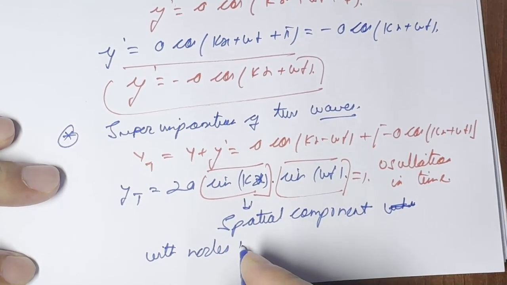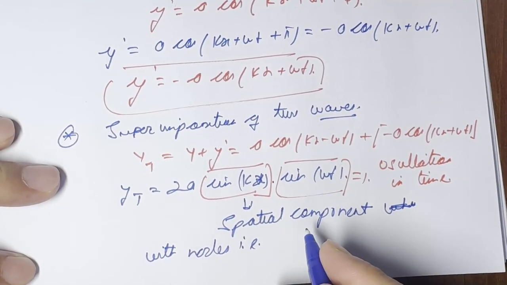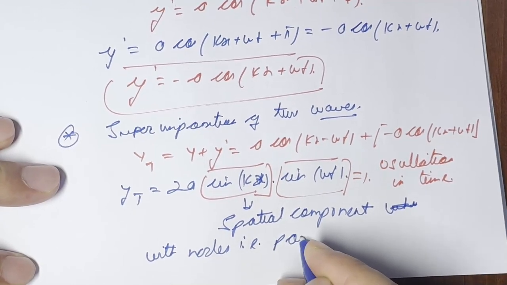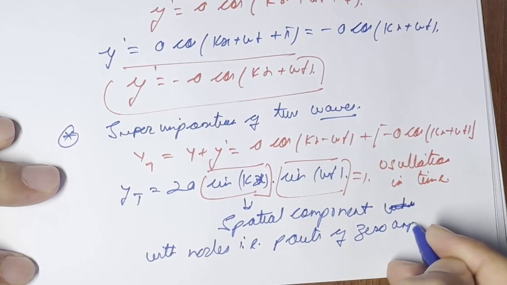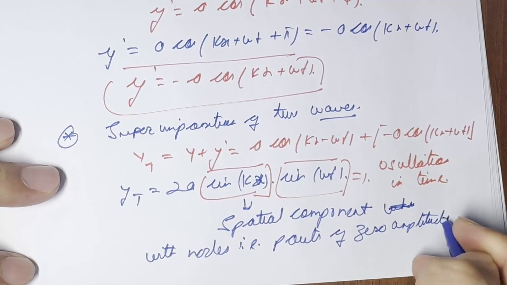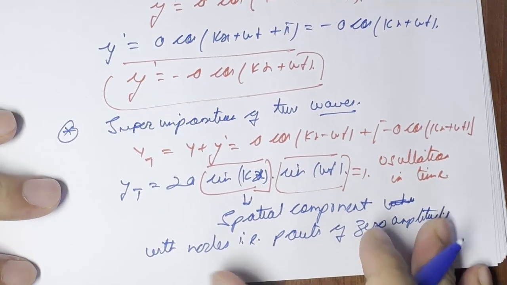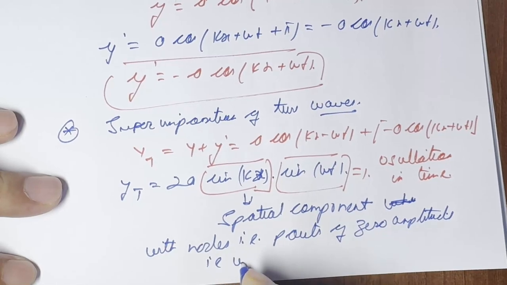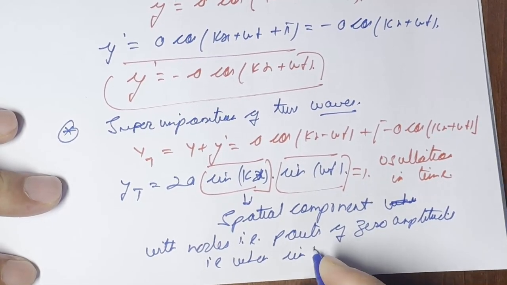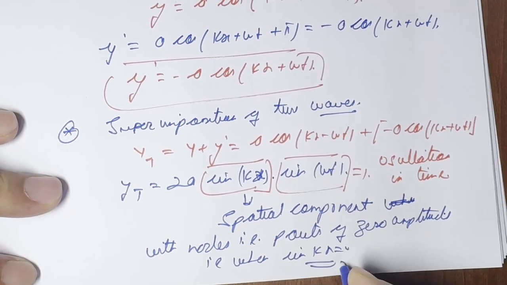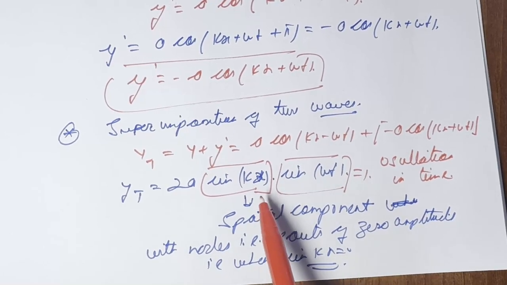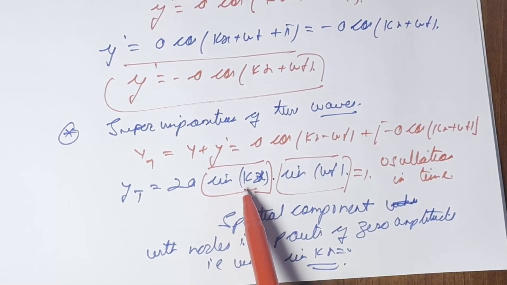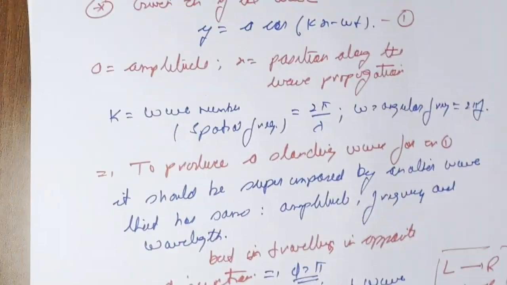Nodes basically means the places where amplitude is 0, points of zero amplitude, that is where sine of kx is equal to 0. So as soon as we put x equal to 0 in this equation, we get sine of k times 0 equal to 0.